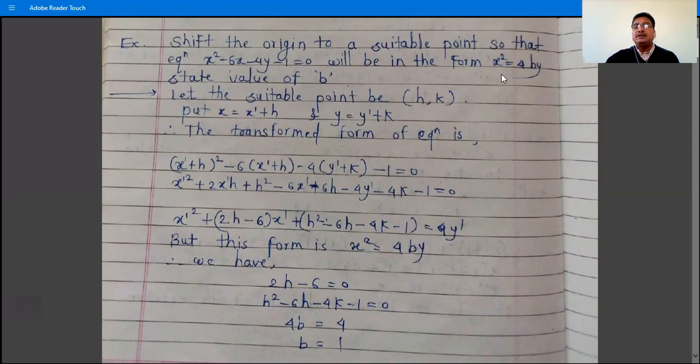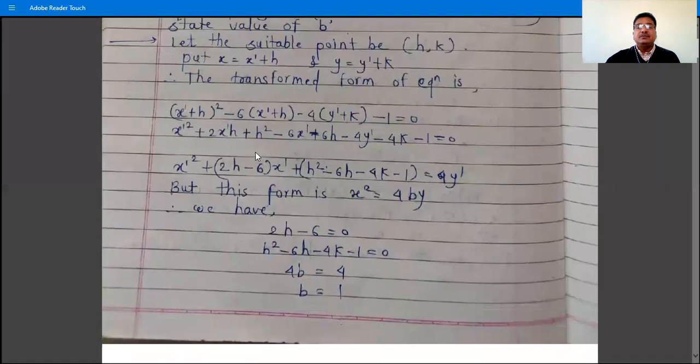So if we compare these two equations, we have to reduce or transform this equation to this form: x^2 = 4by. So when we compare these two equations, what do we have? This form is x^2 = 4by.